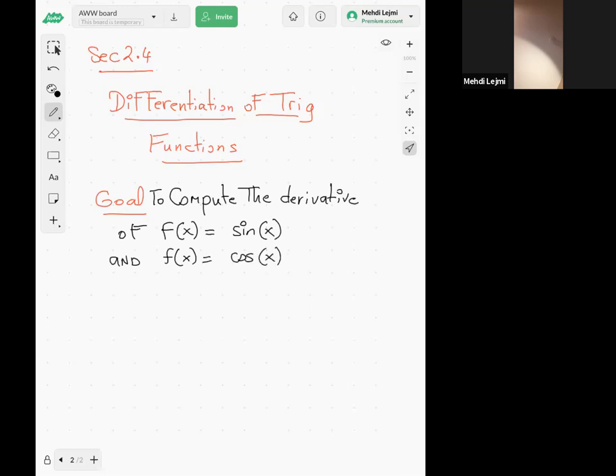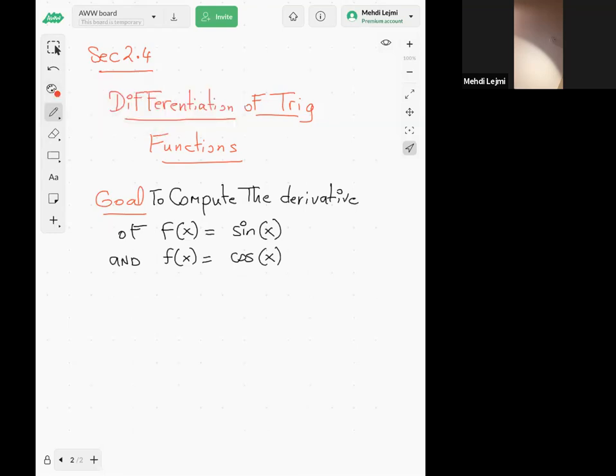To compute the derivative of sine and cosine, we're going to use the definition of derivative, of course, but we're going to need two limits. So the first limit we're going to use, we already used before in chapter 1.